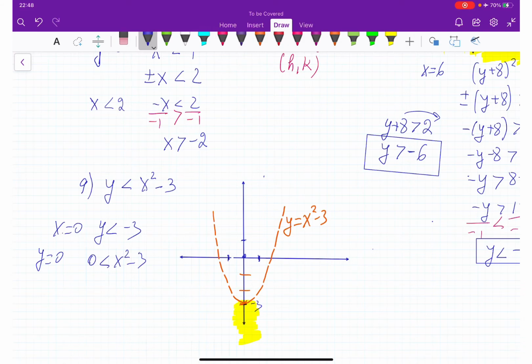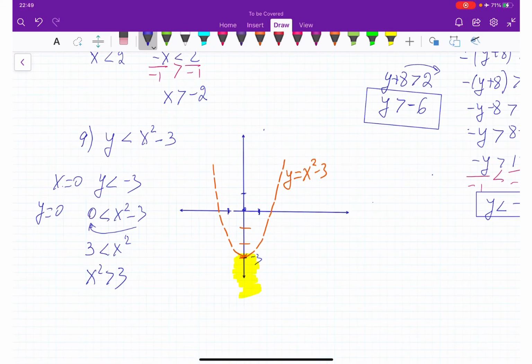So if I move negative 3 to this side, it would be positive 3. 3 less than x squared, or I can say x squared greater than 3. Why did we get that? For example, 2 is less than 3, that's the same thing as writing 3 is greater than 2. Therefore, since I switched the positions of 3 and x squared, I have to change the sign also.